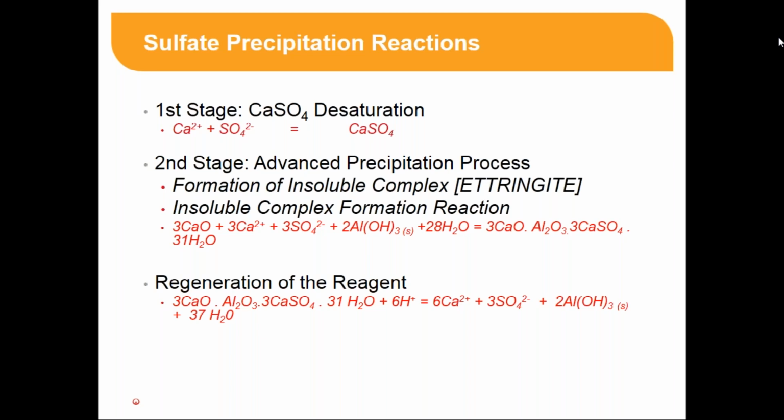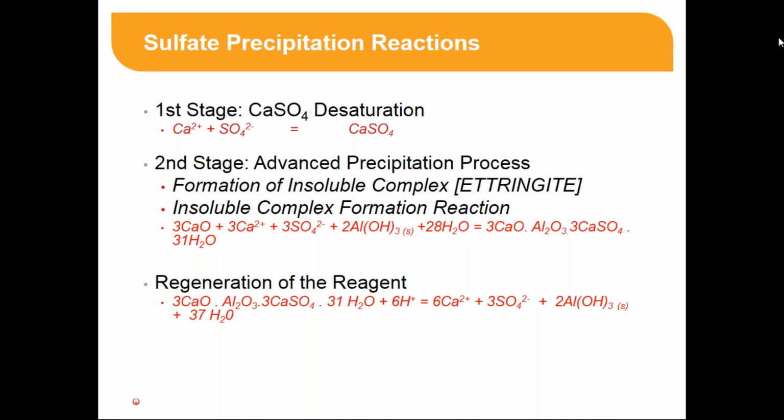The reaction is you add lime, CaO, plus feed calcium, plus feed sulfates, plus a reagent. A source of aluminum is added as aluminum hydroxide, and water is present in the reaction and forms calcium sulfoaluminate, CaO, Al2O3, CaSO4, and 31 moles of water.